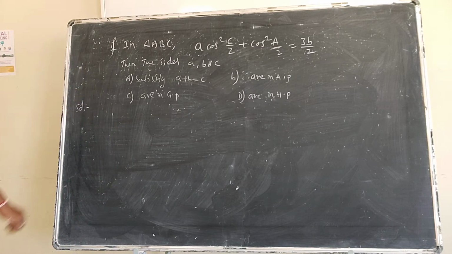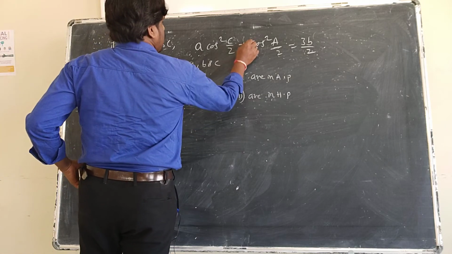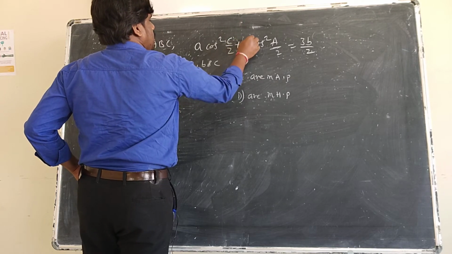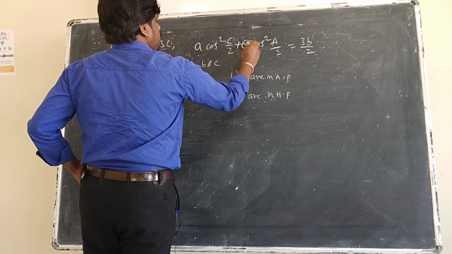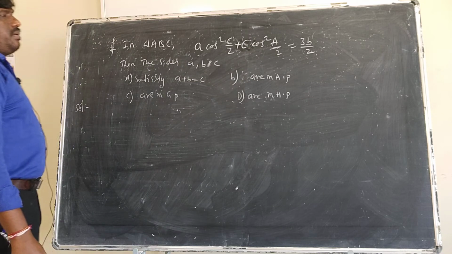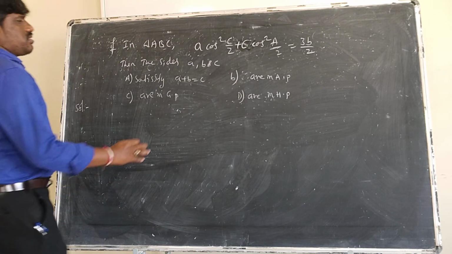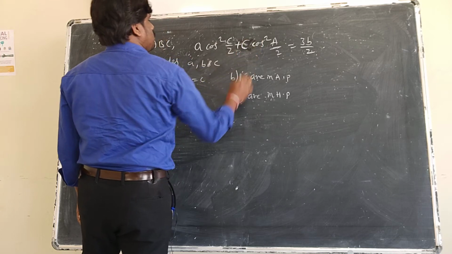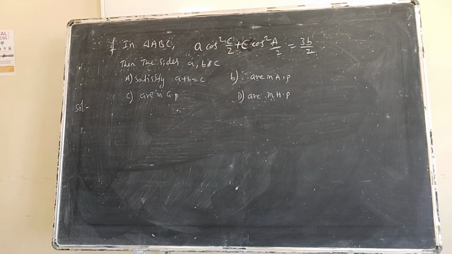In triangle ABC, A cos square C by 2 plus, I think I wrote the question wrong, C cos square A by 2 is equal to 3B by 2. Then the sides A, B and C are what? This is what they are asking.